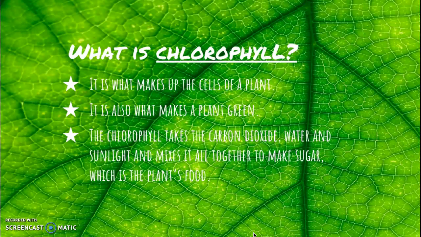So chlorophyll, what does it do? It takes the carbon dioxide that the plant breathes in, and it takes the water that's been absorbed from the roots, and it takes the sunlight that's been caught, and it mixes it all together to make sugar. And sugar is the plant's food. And why does the plant need food? Yeah, it needs food to grow, just like we do, right?